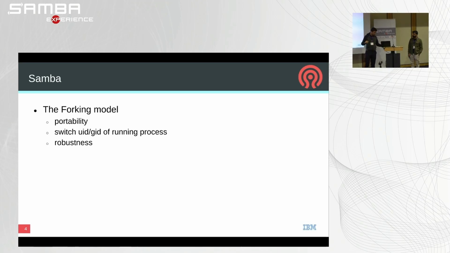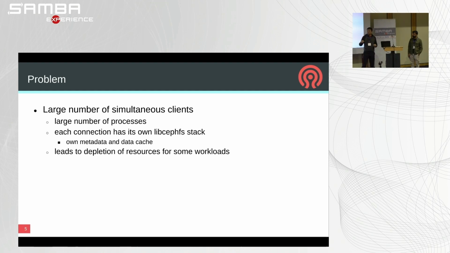But that causes other problems. Now, imagine an instance where we have a large number of incoming client connections. Each client connection results in an entire new process being forked. Once it's forked, it connects to the backend Ceph server using the libcephfs connection.